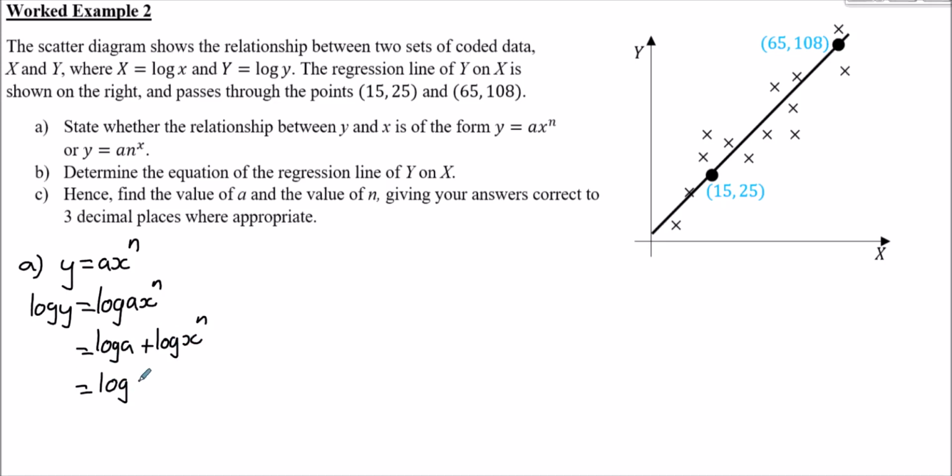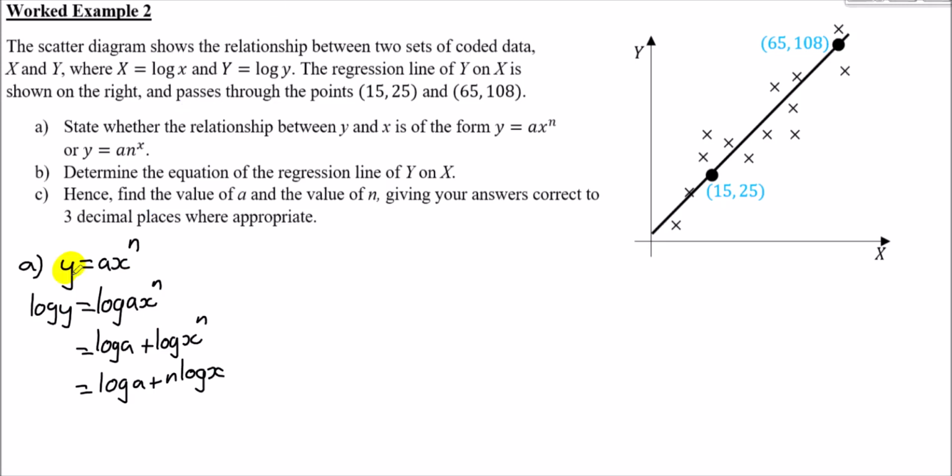That gives us log of a plus n lots of log x. And so by taking logs of both sides, the x is then tied up inside a log. So x is tied up in log of x, and y is tied up as log y.